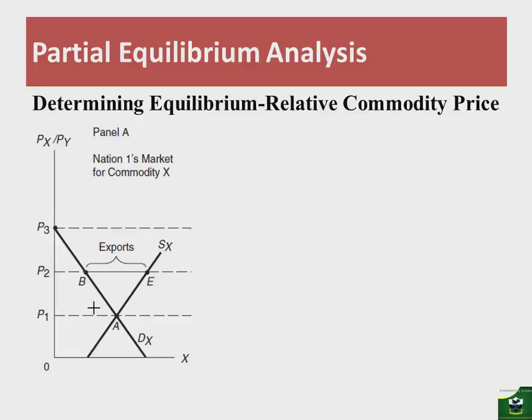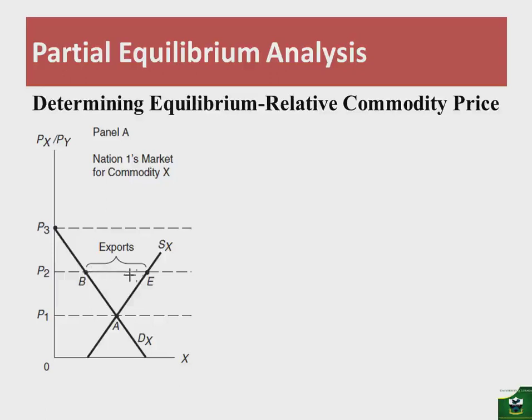And therefore, if the price is going up, the producers will supply more on the market, and this will lead to excess supply on the domestic market, or simply a surplus on the domestic market for commodity X. Now, what will nation 1 do with the excess supply?